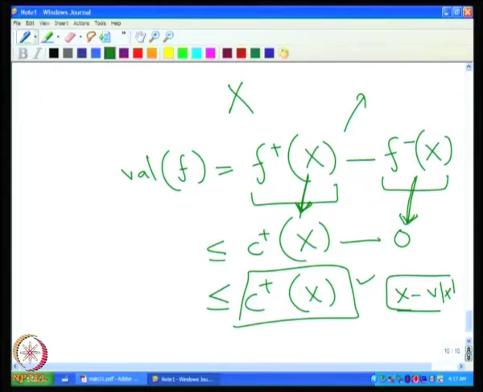That means, if the value of f is actually equal to the capacity of that cut, then each flow value on each outgoing arc has to be equal to the capacity of that arc, which in our terminology means each arc has to be saturated. Saturated means it achieved the maximum possible capacity on that arc, that is, the flow on that particular edge is exactly equal to the capacity.